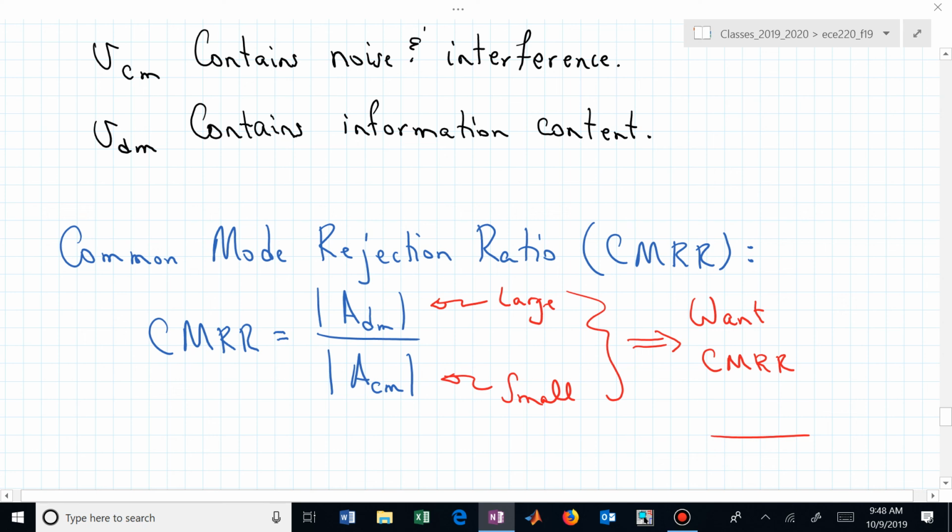You want the common mode gain, in reality, it's not going to be zero, but hopefully it's very small. And as it gets small in the denominator, that makes everything big. Typically the log of this might be taken, and you might see this expressed in dB. But we want the common mode reduction ratio to be large.